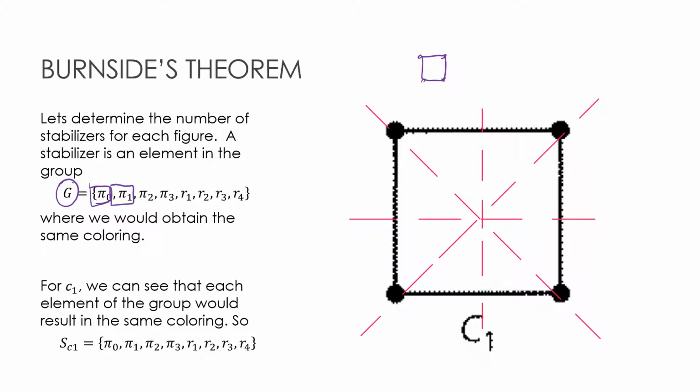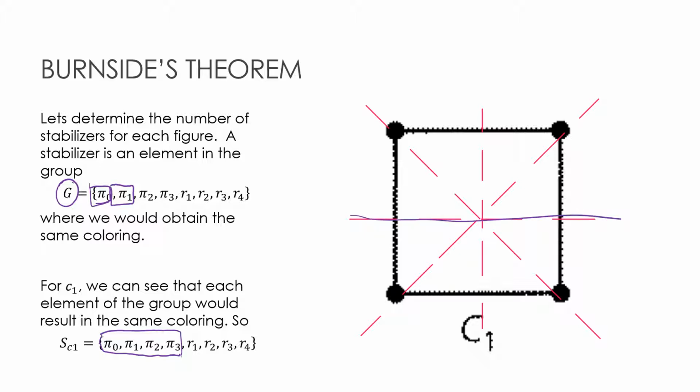Pi sub 1, sorry, which is essentially a 90 degree, or pi over 2, rotation. Still, I'm going to have this square with 4 black corners, and really any of the rotations work. So all of these work for the rotations. For the reflections, same thing.